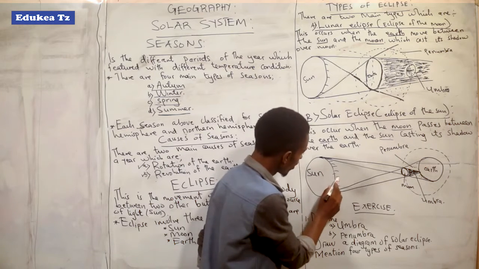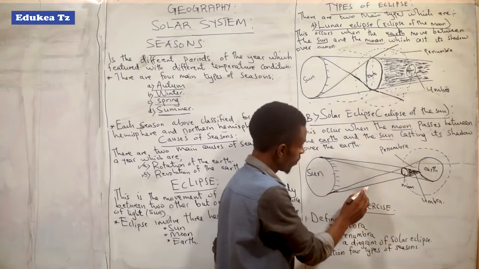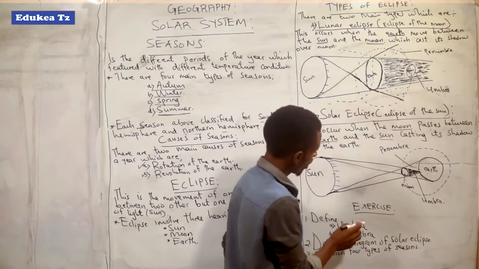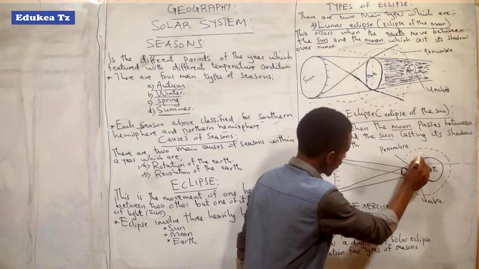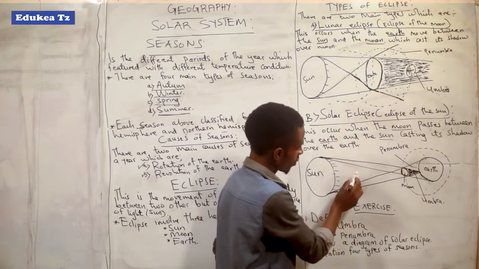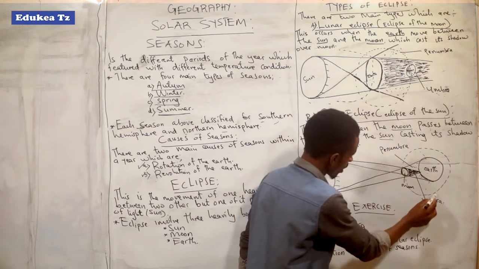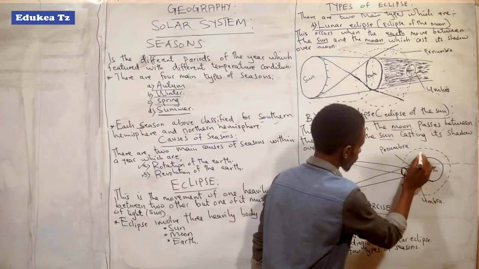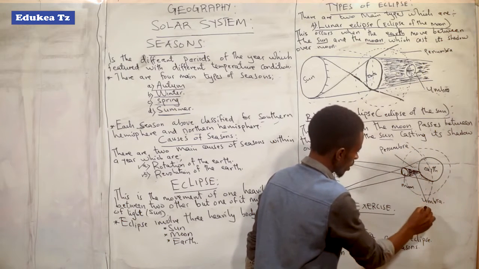When this light reaches the Earth and the moon, you have to remember the Earth is moving around the sun, but the moon is moving around the Earth.